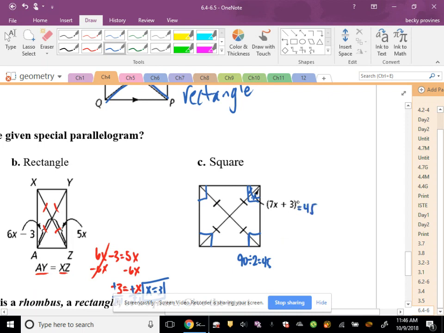And we can solve it from there and be finished. All right, so grab your calculator if you need to, and let's solve it. All right, 7x equals 42, and divide by 7, and x is 6.